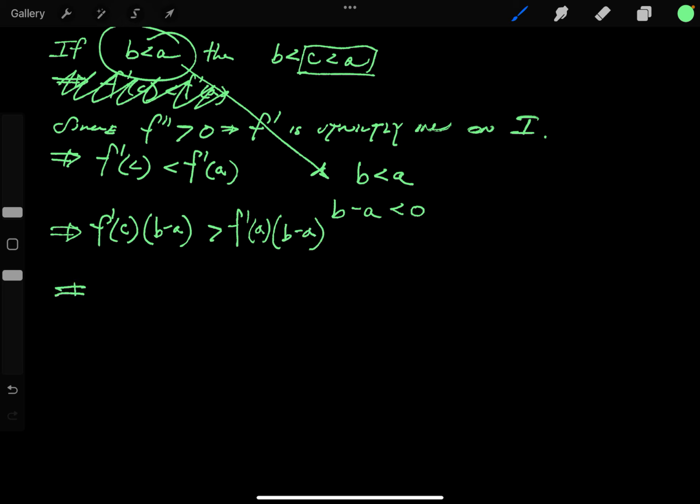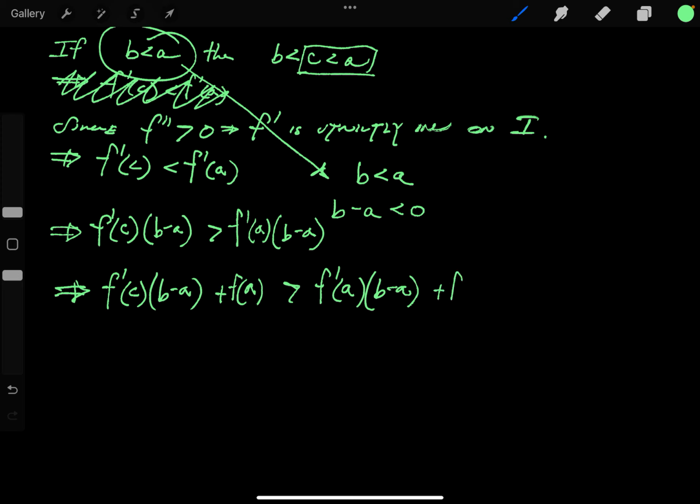And then again, adding f of A on both sides changes nothing. And I have again the inequality that I want, because now this right-hand side is L of B, and the left-hand side is f of B.